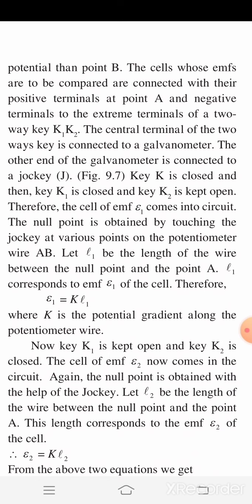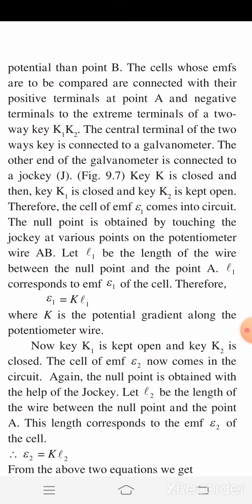Therefore, the cell of EMF E1 comes into the circuit and the cell of EMF E2 is out of the circuit. With the cell of EMF E1 in the circuit, by closing key K1 and keeping K2 open, we put the jockey at different points of wire AB of the potentiometer.